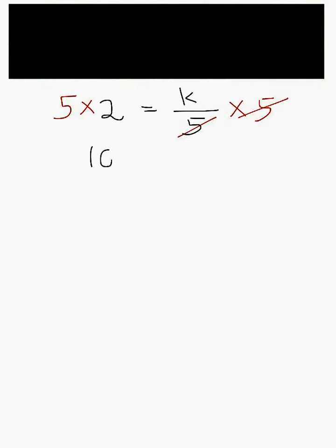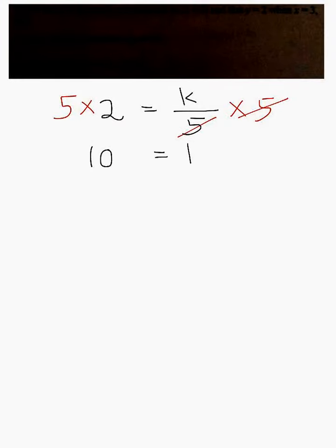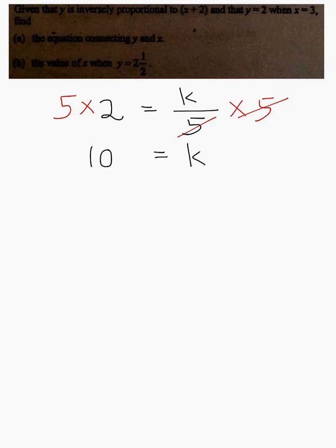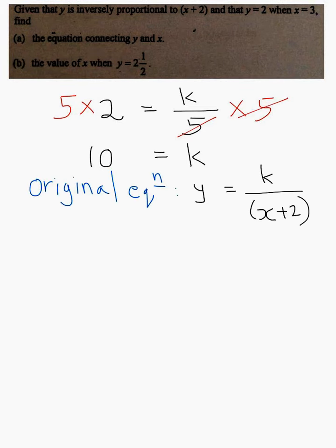Alright, you need to multiply both sides by the denominator so that you can cancel off the 5, and in the end you have your value of k as 10. So if you recall, the original equation is actually y equals k over x plus 2.